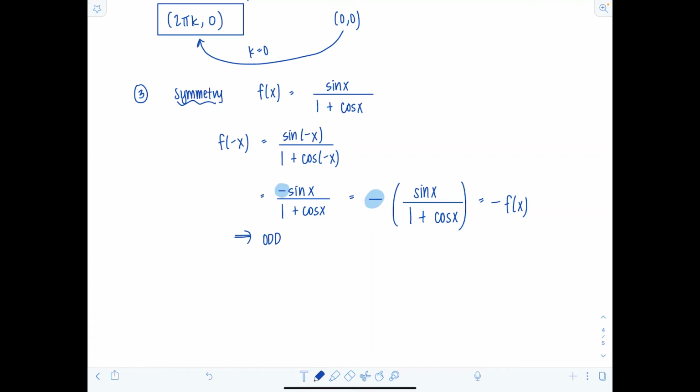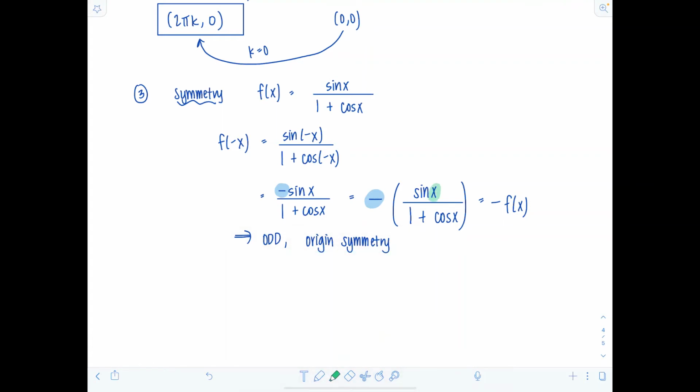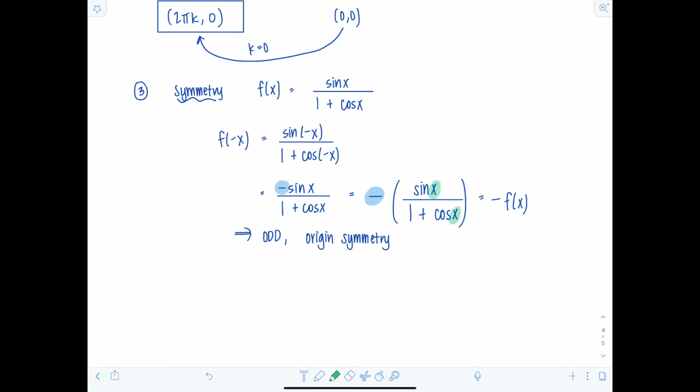All right, what does that mean? If it's an odd function, then we have origin symmetry. And if you remember much about graphing your trig functions, the period for sine and cosine is 2 pi. So this graph will have a period of 2 pi as well.